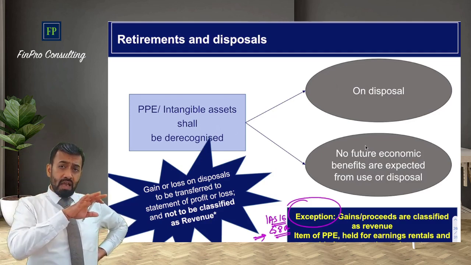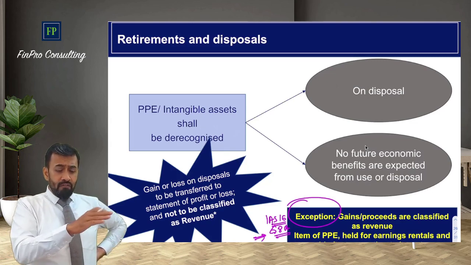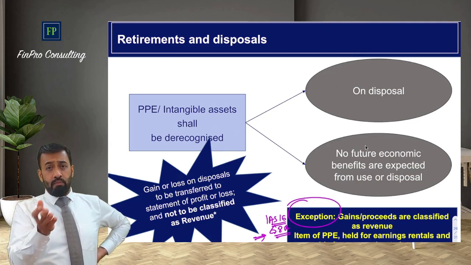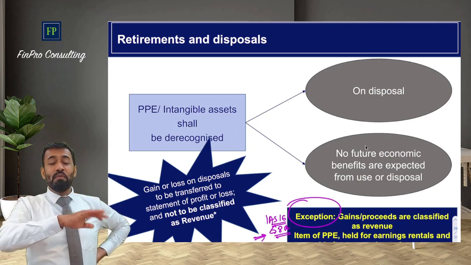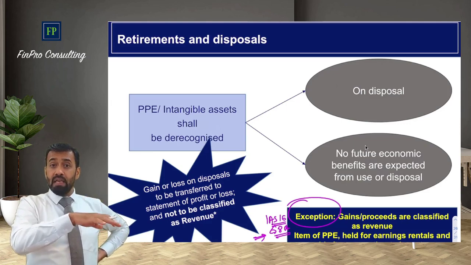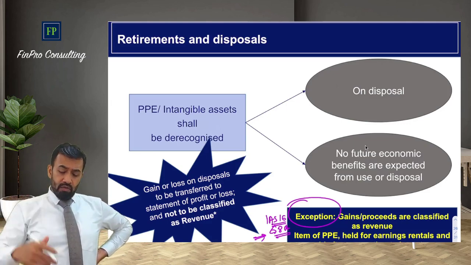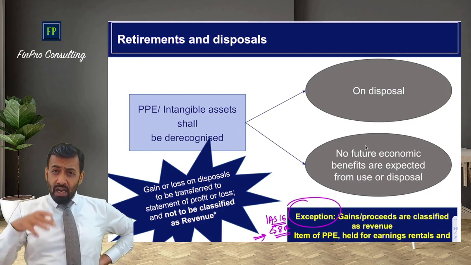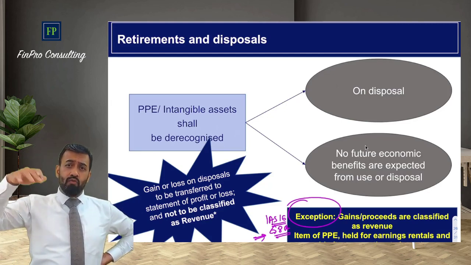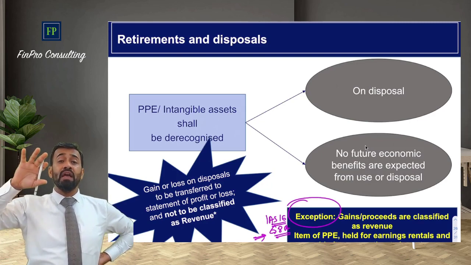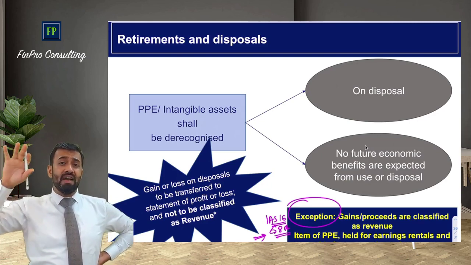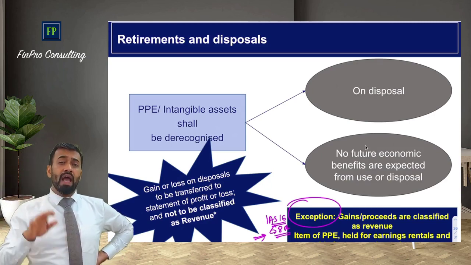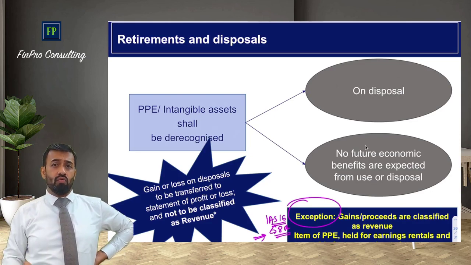For dual use property, plant and equipment, if sold, it will be converted from fixed assets, PPE, to inventory, and then the sale of that inventory will be considered as revenue. Otherwise, sale of fixed assets, property, plant and equipment, intangible assets or investment property will not be considered as revenue. Net gain or loss will be accounted as other income in the books of accounts.